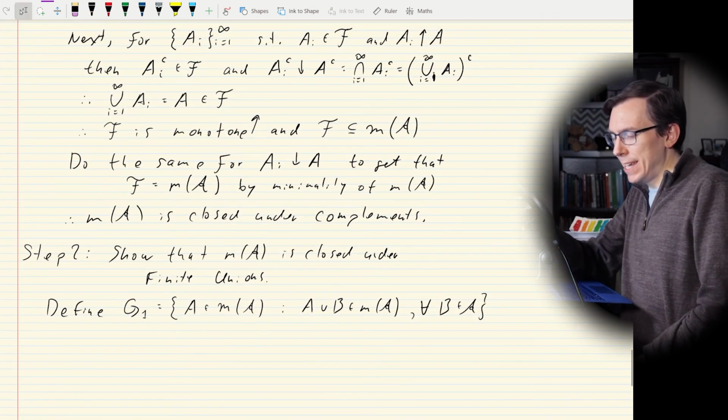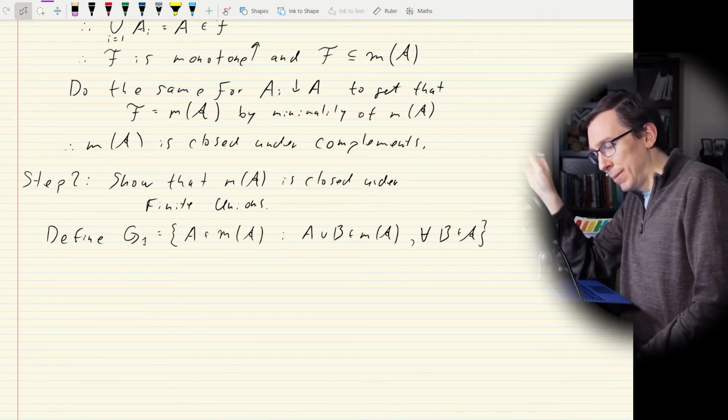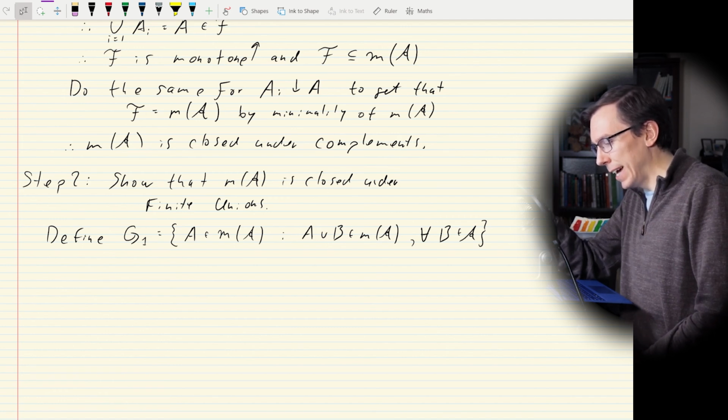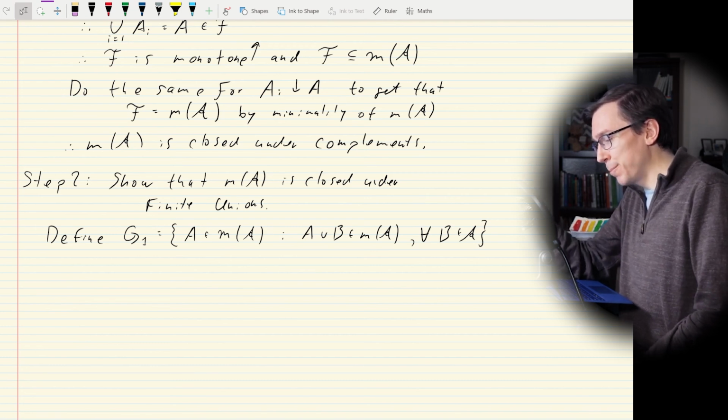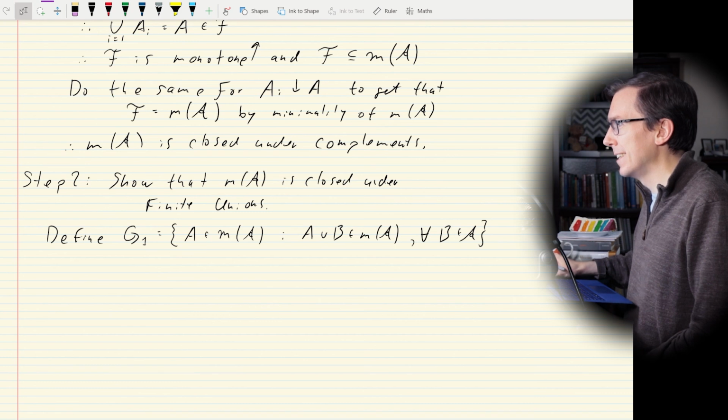So basically what we're saying is G1 are all the elements in the monotone class that I can union with an element of the field, the generating field that generates the monotone class, and the union of those two things will be in the monotone class.